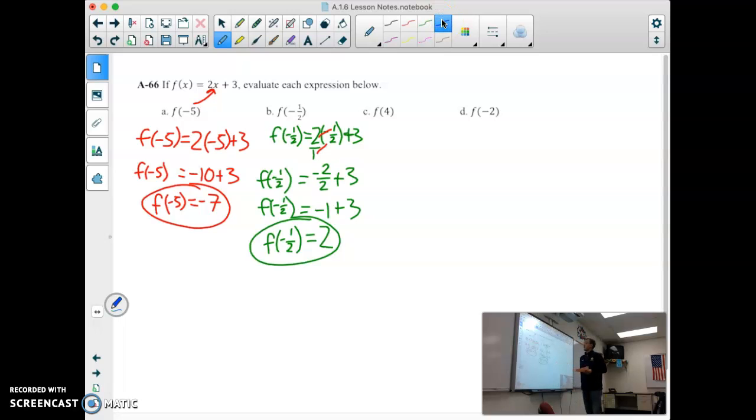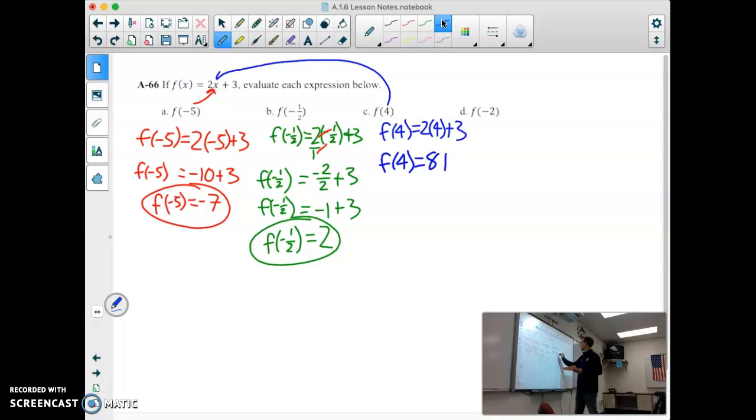If we go to f of 4, basically again what we're doing is taking this 4, plugging it in for x right there. So we get f of 4 is equal to 2 times 4 plus 3. So f of 4 equals 8 plus 3, which f of 4 is 11. Good deal.